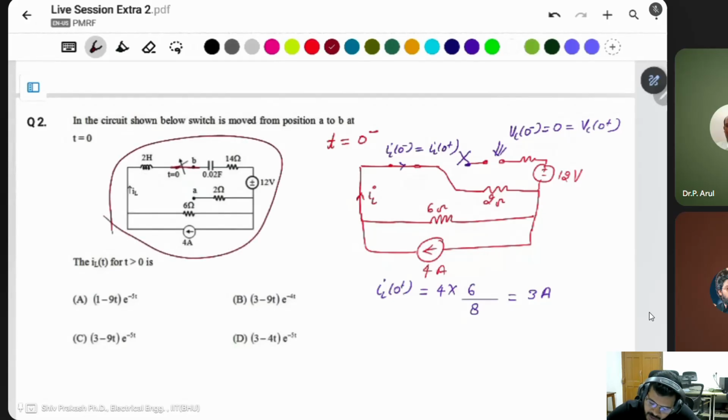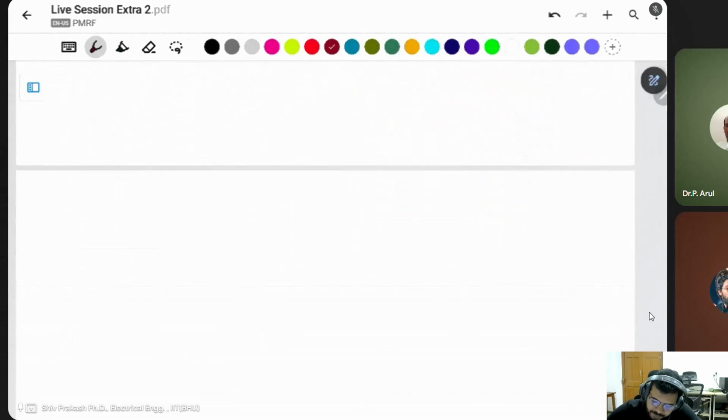In this case, SL is here, 1 by CS is here, and the resistance is the same. An inductor and a capacitor, then a resistor and a voltage source.